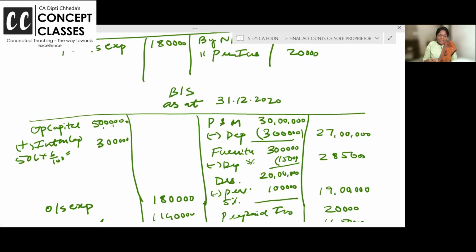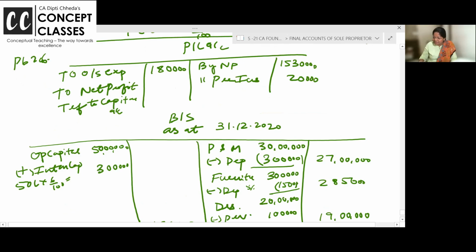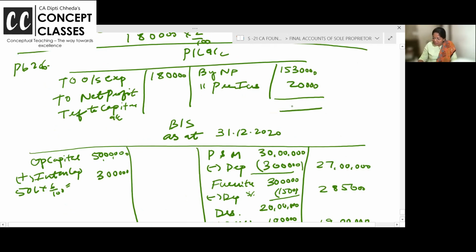Now, can we get the correct profit and transfer it to net profit? Bracket mein likho, transfer to capital account. I've taught you how to write journal entries for this. So this 15,30,000 and 20,000.